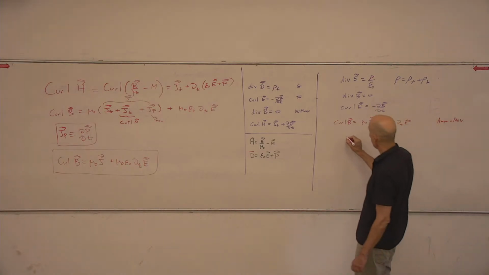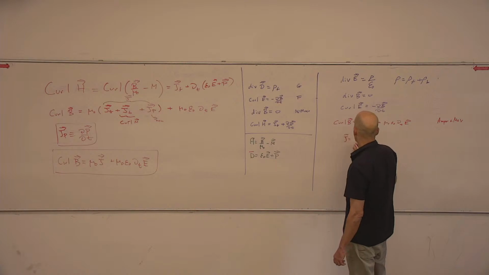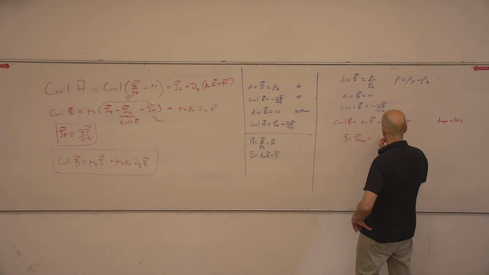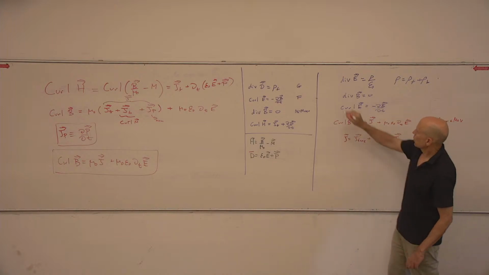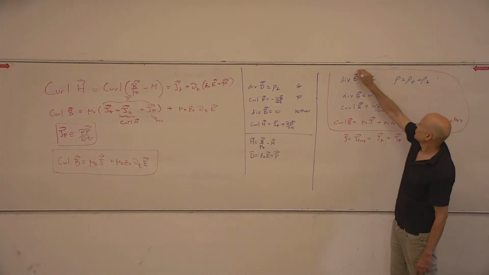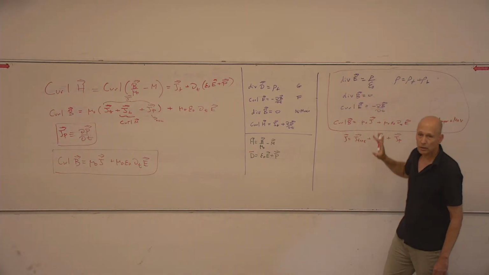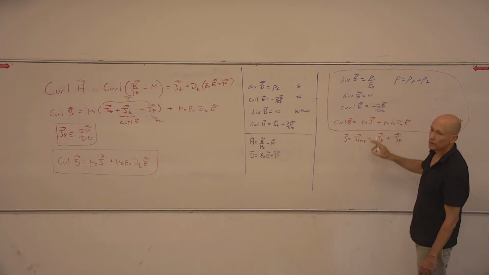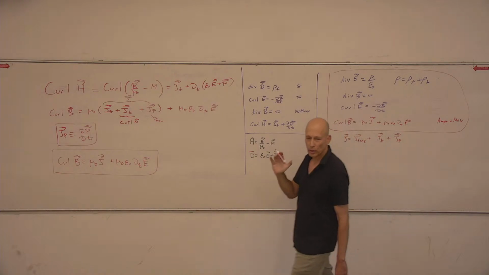And what is J, however? J is J free plus JB plus JP. People like to write the equations in this form. Why? Because they can hide in rho and in J all kinds of dirty details of the theory.